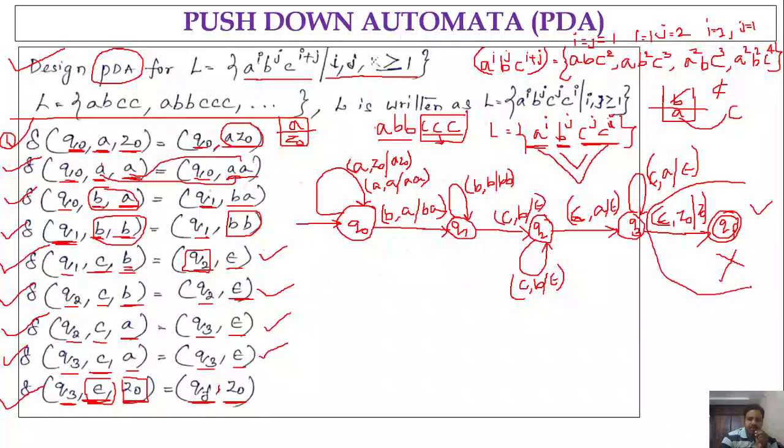You could insert one state q4, and here you could specify the transition: if the input is epsilon in q3 and the top of the stack is z naught, then you are going to push epsilon itself, and move to state q4.